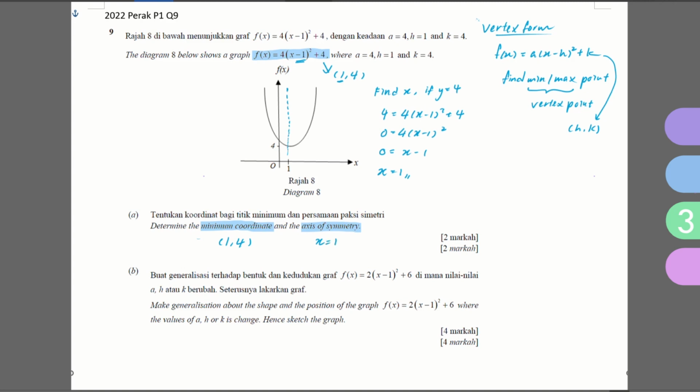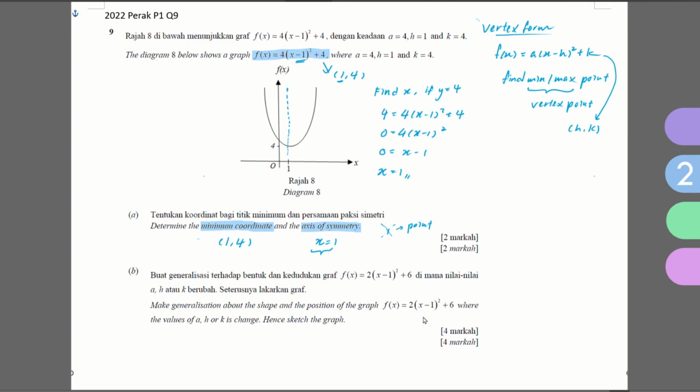A lot of students made this mistake, they wrote 1 as the answer. This is wrong because 1 represents a point, while the axis of symmetry is actually a line. So you need to add the x equals at the front to let x equals to 1 be a line.